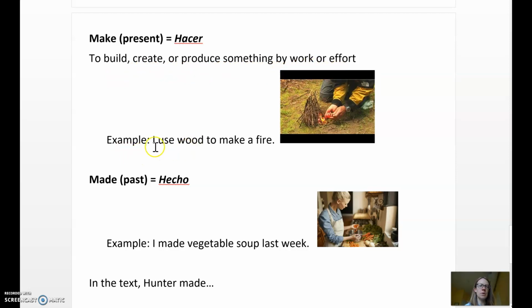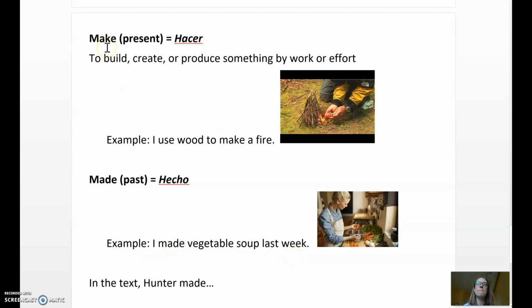For example, I use wood to make a fire. If it happened in the past, we say made. Say make. Say made. In the past, I made vegetable soup last week.